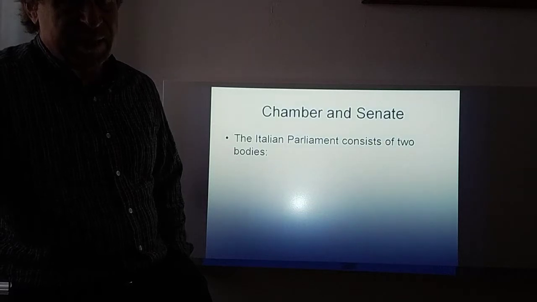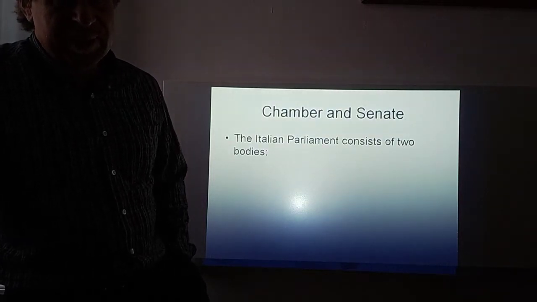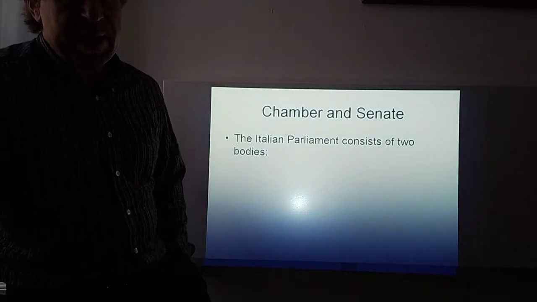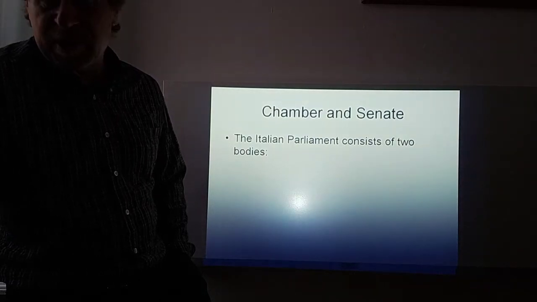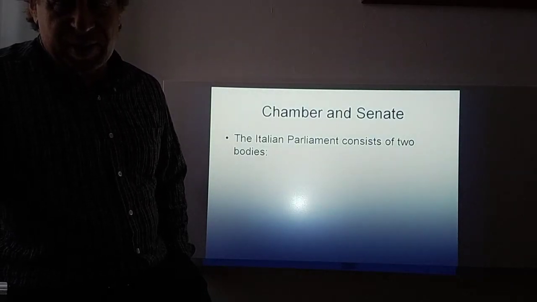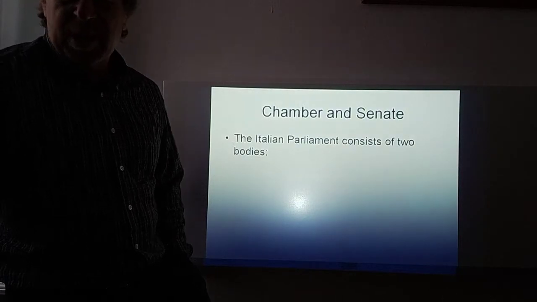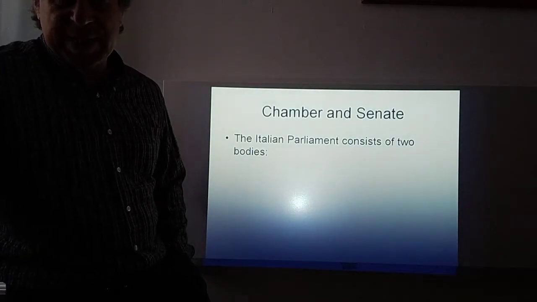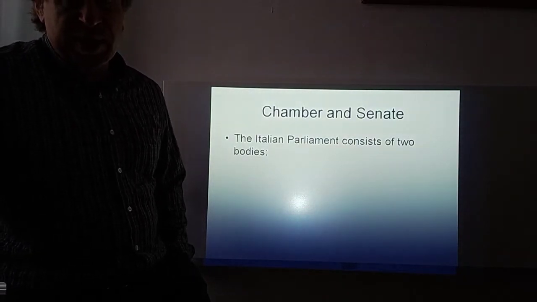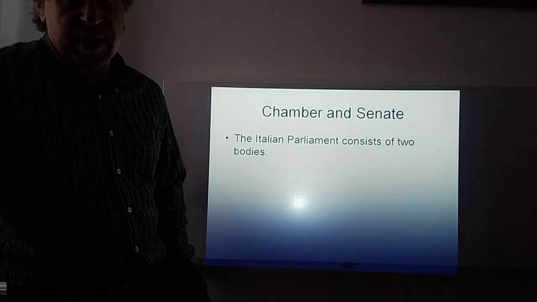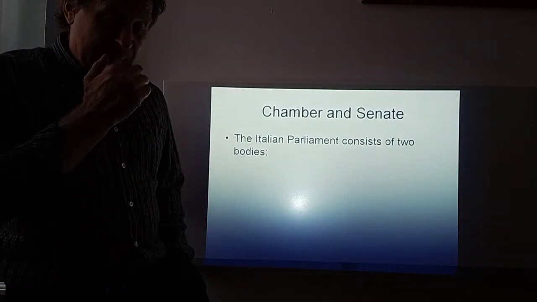And in 1847 he gave a statuto, so a kind of constitution, Statuto di Albertino, in which there was a parliament.